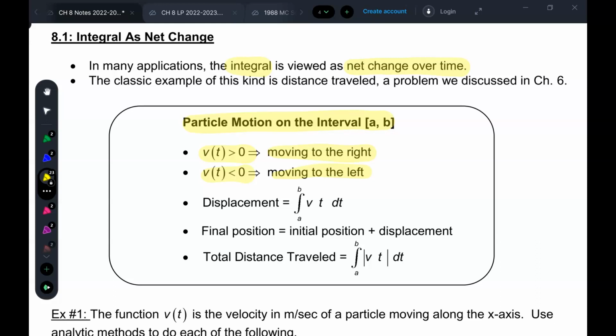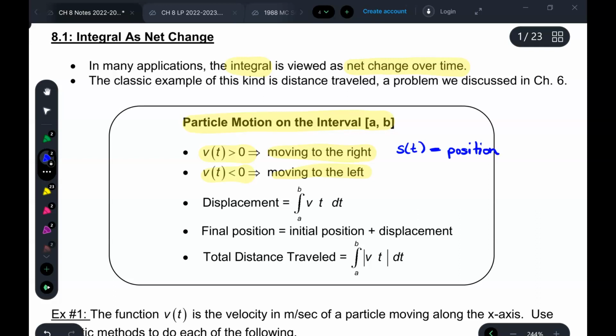Okay, so displacement. Before, when we did displacement, remember when we would have our position function? We either used S or X. So think about displacement in terms of the integral. Think about when we take the integral of velocity. What if we work backwards?